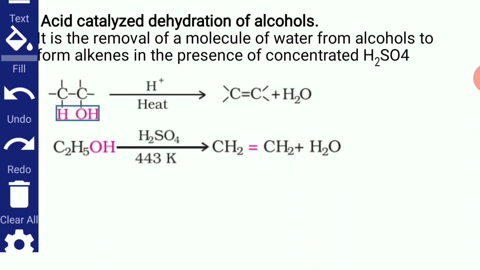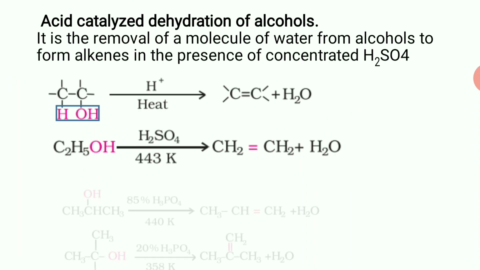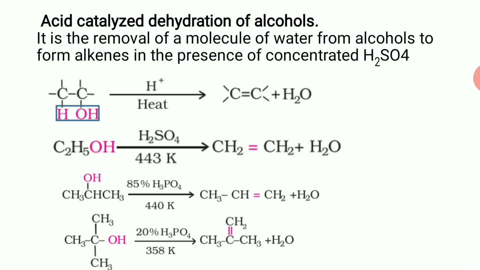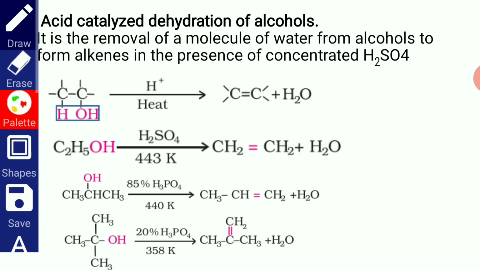Similarly, taking an example of secondary and tertiary alcohols. In the secondary alcohol, the hydroxyl group of this carbon will combine with the hydrogen of the neighboring carbon, suppose this carbon.